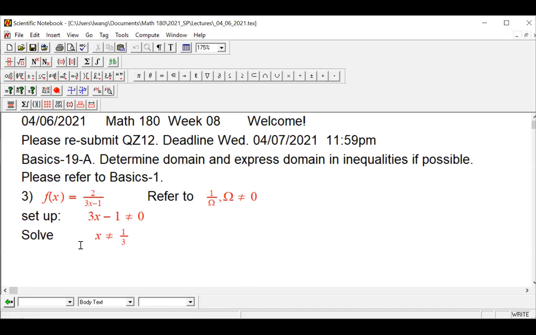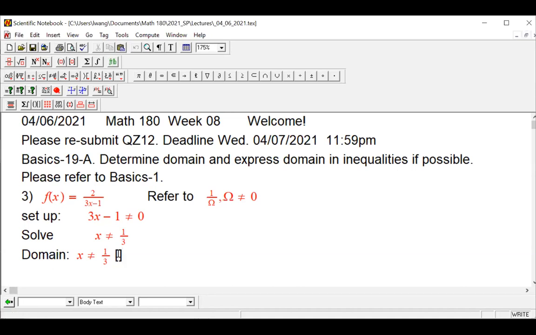So in the end, you just tell the reader the domain is x cannot equal 1/3.